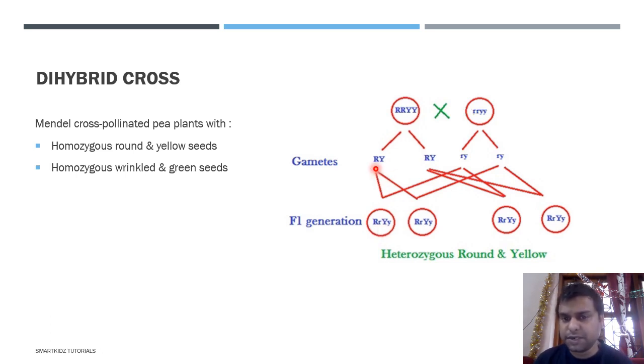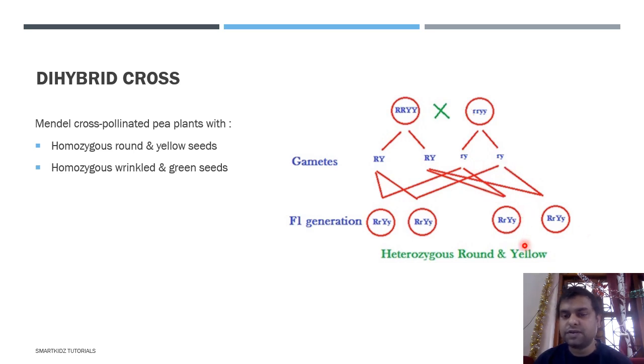Let's go to the next combination, capital R and small y, combining this time with the next set, that would be small r and small y. Once again it will give us the same result, that is round and yellow seeds. Then we come to the next one, again capital R small y combining with small r and small y.